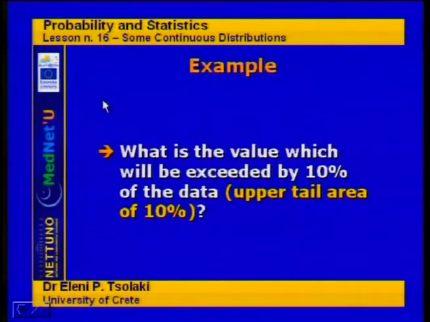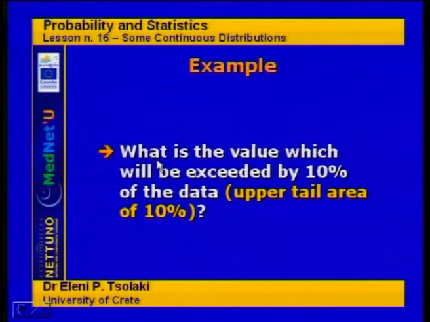Now, using the normal distribution, we can do the opposite of what we did here. Instead of calculating the area under the curve that corresponds to a point, we may want to ask which point corresponds to some area we want to have. So for this example, it is a question like here.